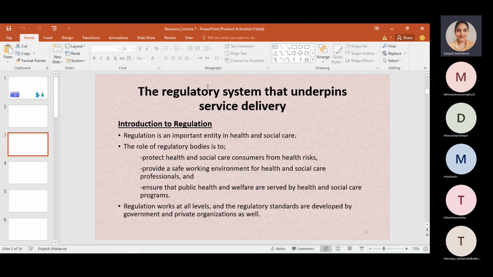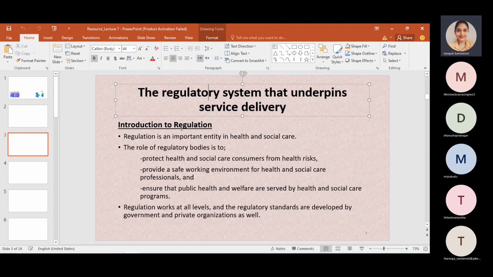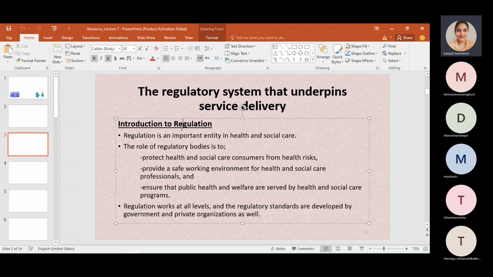Before we start discussing the regulatory bodies that support health and social care services, first of all, we need to have a clear idea about what regulation is. We should learn what regulation is before we move on to regulatory bodies. So first of all, let's discuss what is regulation.